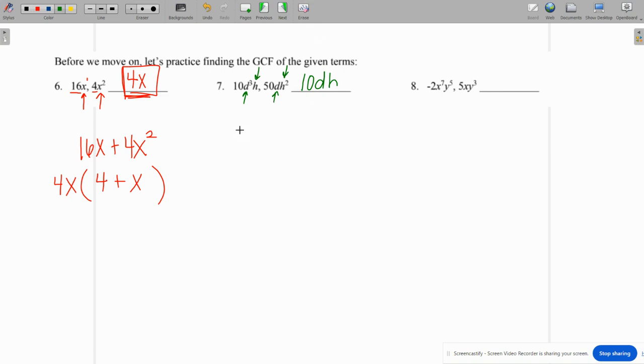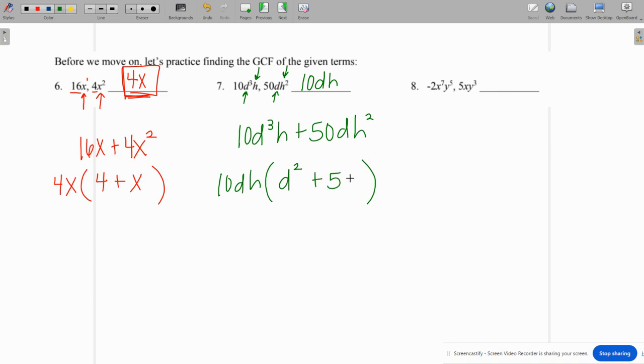So if this had been rewritten as an actual polynomial and you had something like this where there was a plus sign in the middle, you would put the 10dh on the outside, and then you would have to figure out what's on the inside to get back to this. So 10dh times what will give you 10d cubed h? You're just missing that d squared. 10dh times what is 50dh squared? That would be a positive 5, and then you're just missing another h.